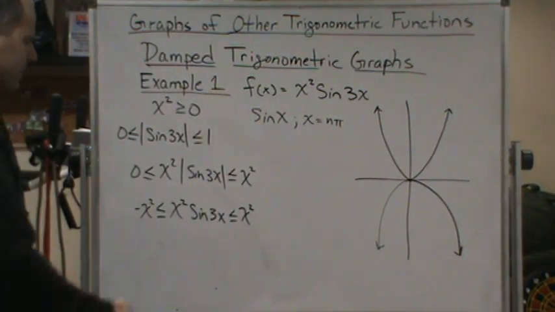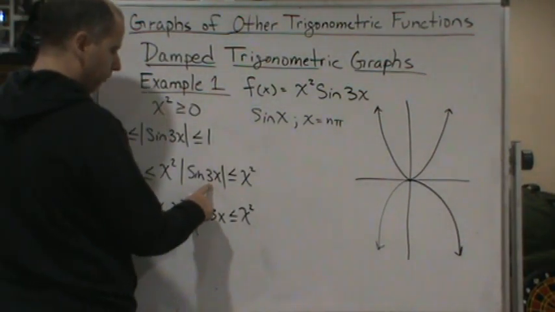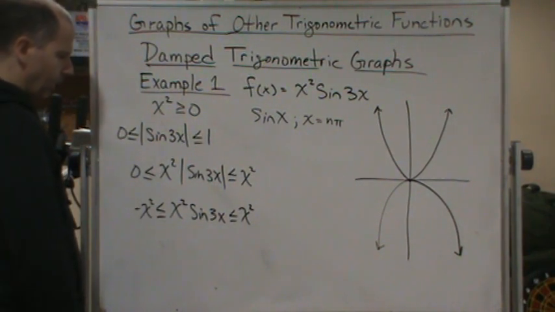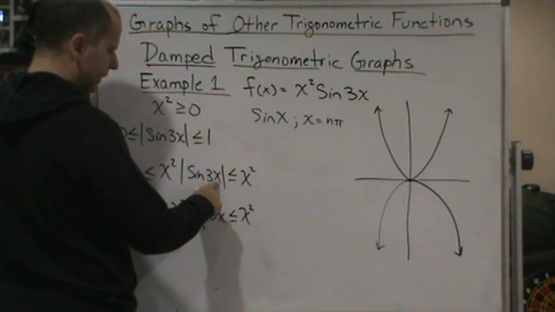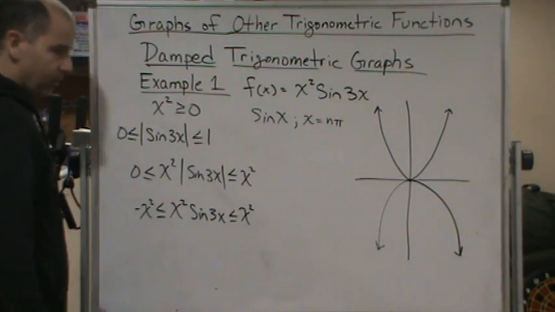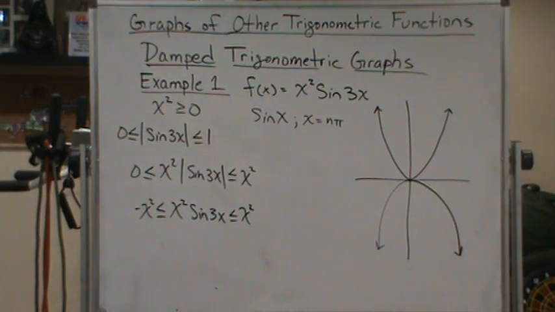Well, when is 3x equal to a multiple of pi? When x is a multiple of 1/3. Think about that.